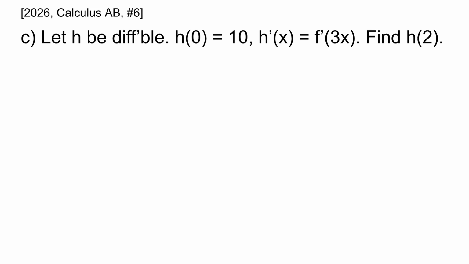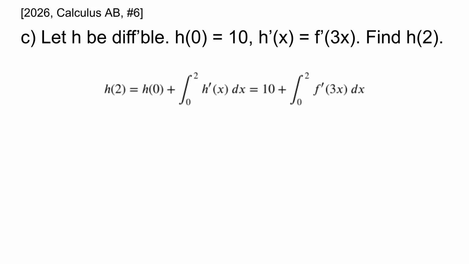In part C of this question, we are letting h be a differentiable function with the properties that h of 0 is 10 and h prime of x is f prime of 3x, and we are asked to find h of 2. H of 2 would equal h of 0 plus the integral from 0 to 2 of h prime of x dx, which would be 10 plus the integral from 0 to 2 of f prime of 3x dx.